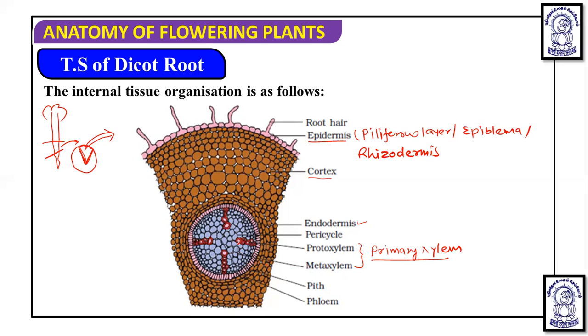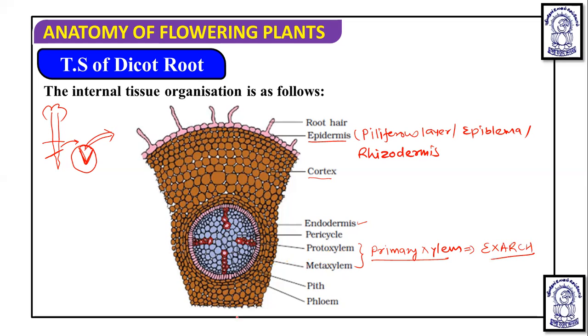So when the protoxylem is on the outer side, you can see this particular arrangement, where protoxylem is on the outer side and metaxylem on the inner side, and this arrangement of protoxylem is known as exarch.